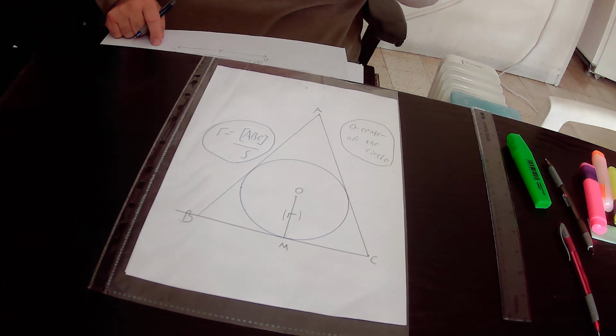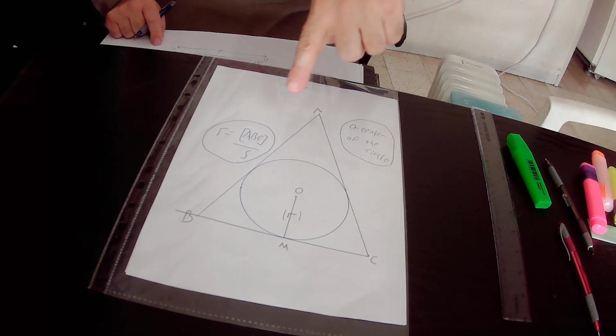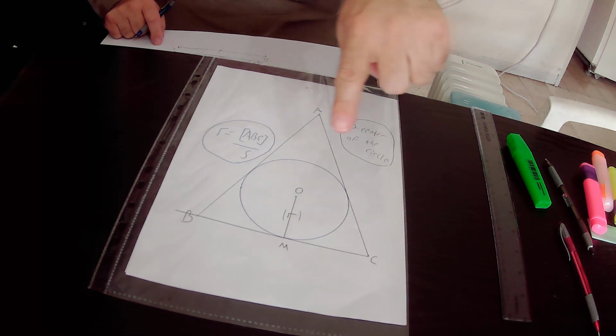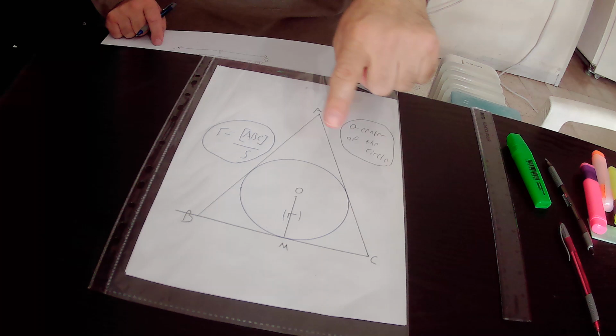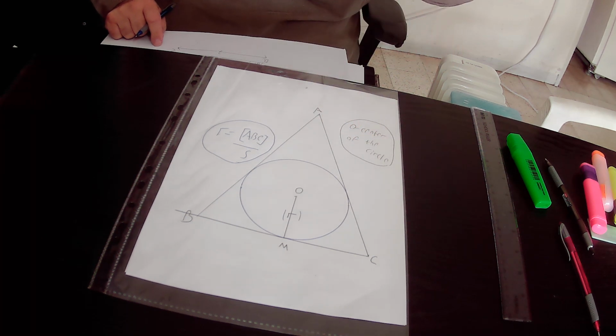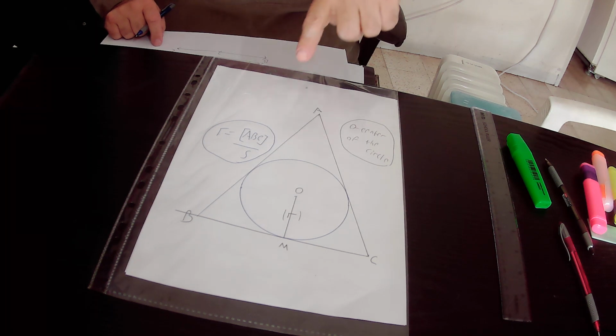So in the drawing of rule number 15, we have triangle ABC and this circle is inscribed in triangle ABC, like in our original drawing. So the radius R of this circle equals the area of triangle ABC over the semi-perimeter of the same triangle.